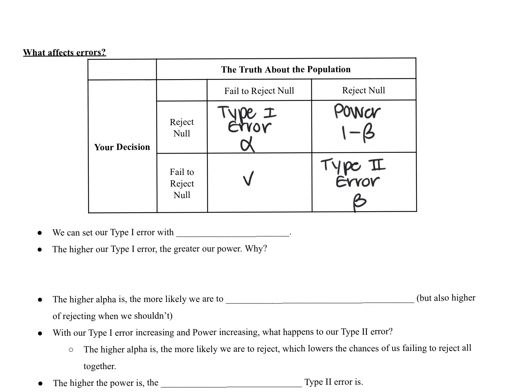As we've previously discussed, we can set our type 1 error with our significance level. So the higher your type 1 error, the greater the power.